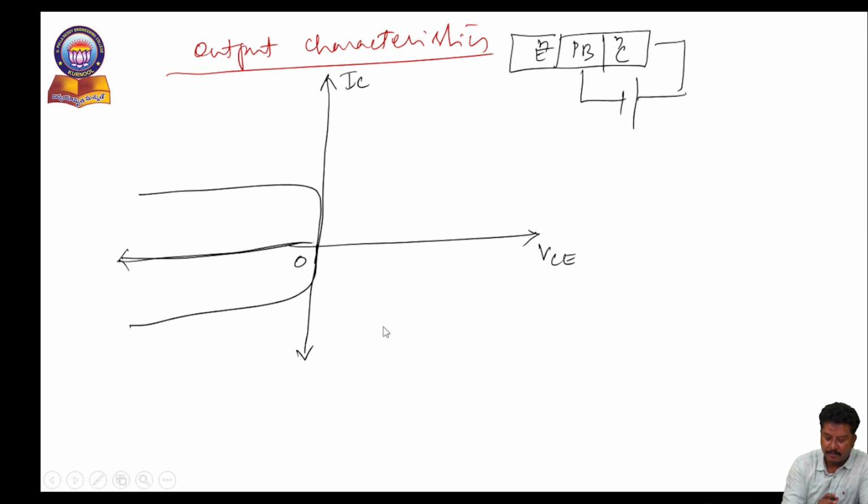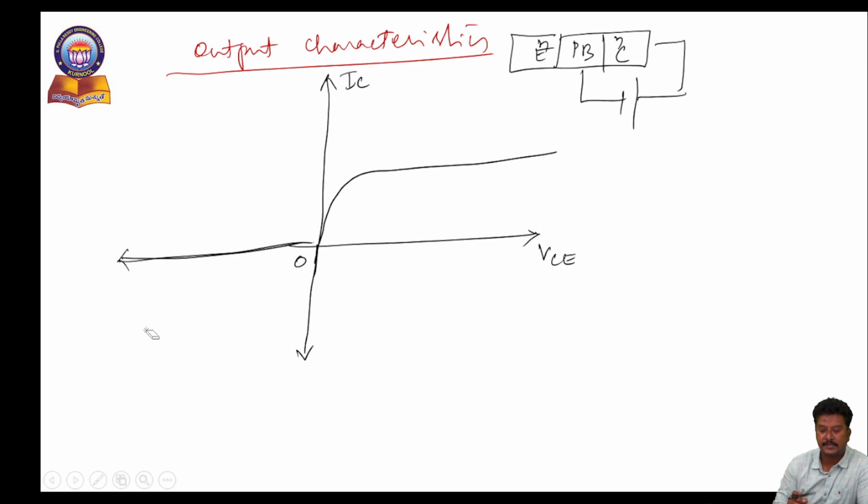And finally, I want to fold it so that everything is in the positive quadrant for our understanding purpose. We are getting the characteristics like this. So finally, the output characteristics of a transistor will be visualized like this. These are the output characteristics of a transistor.